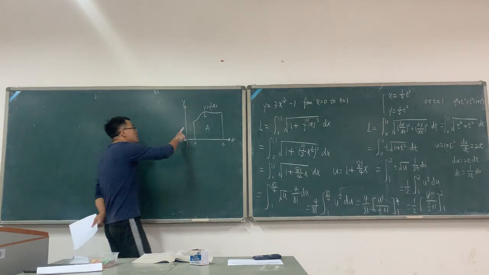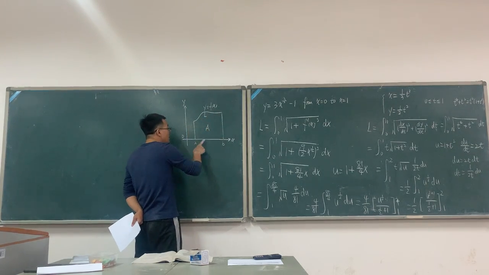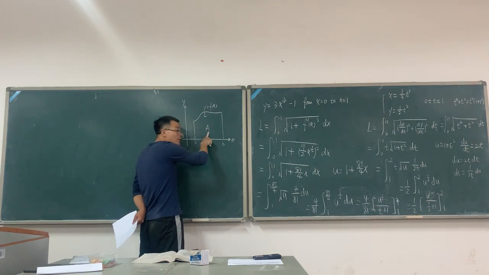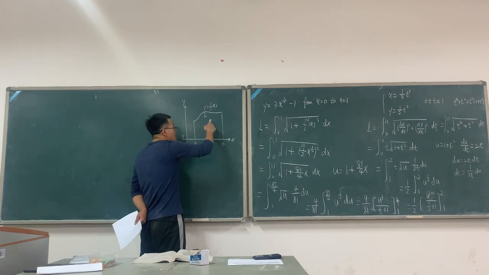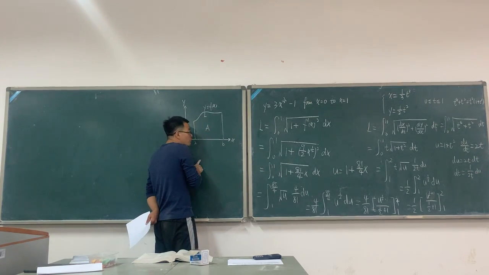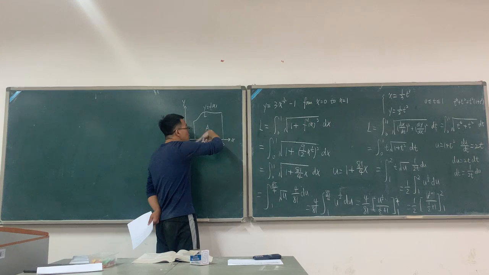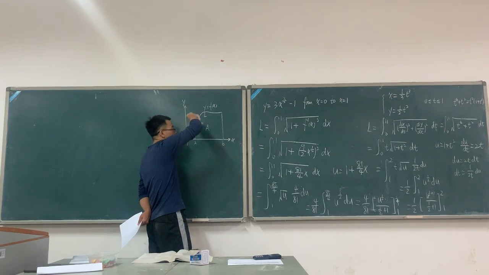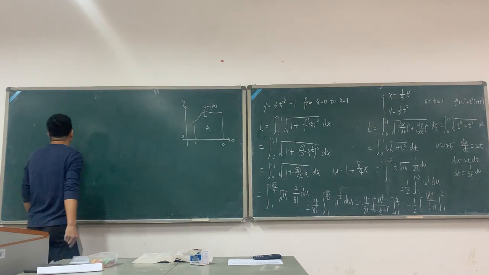For example, y equals f(x) from a to b. The arc length, the net signed area, the volume of revolution about the x-axis, and the volume of the solid of revolution about the y-axis. I hope you can take notes on this part.